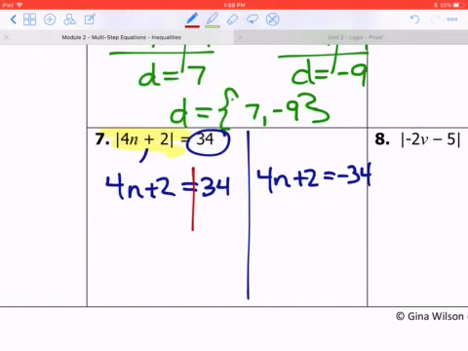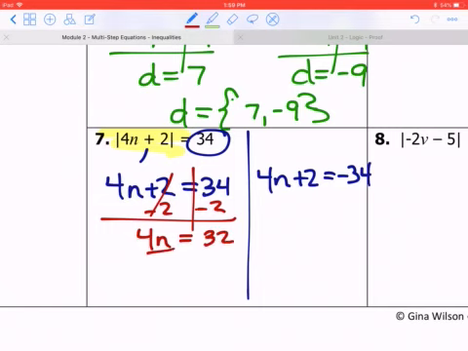And so now I'm going to solve. It's a two-step equation. I'm going to subtract 2. That's going to give me 4n equals 32. We're going to divide by 4. n equals 8.